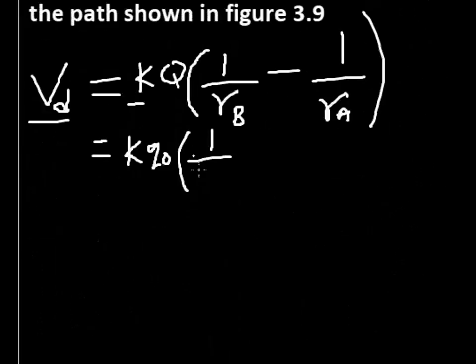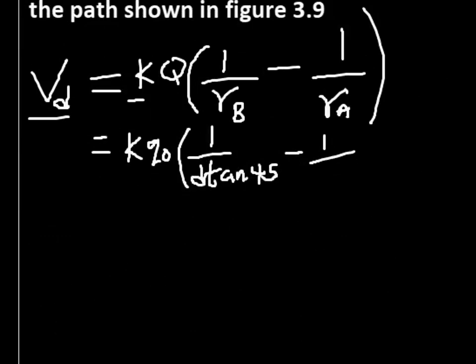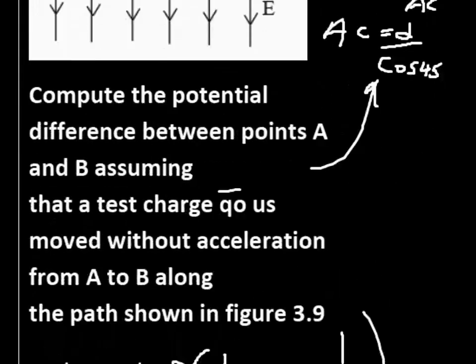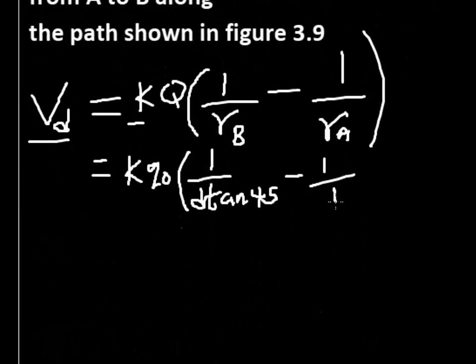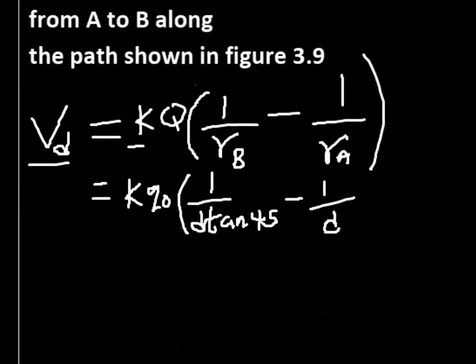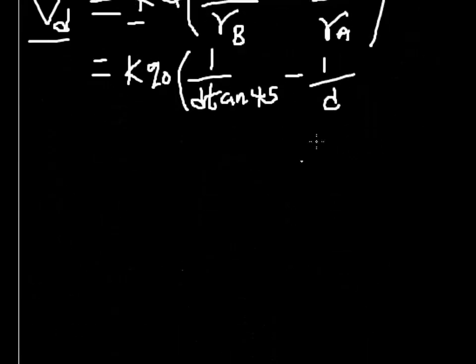So that's going to be 1 all over D tan 45, then minus 1 all over RA. The RA is the AC, from C to A, that's the distance, D all over cos 45.